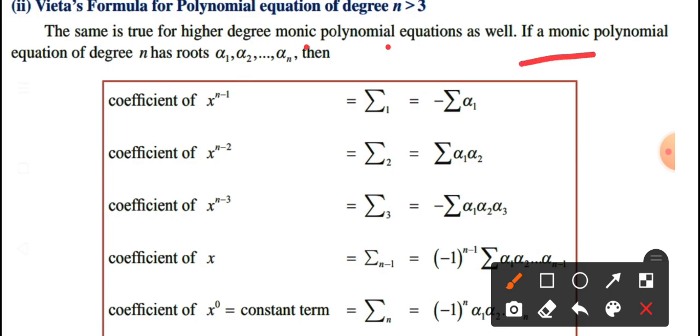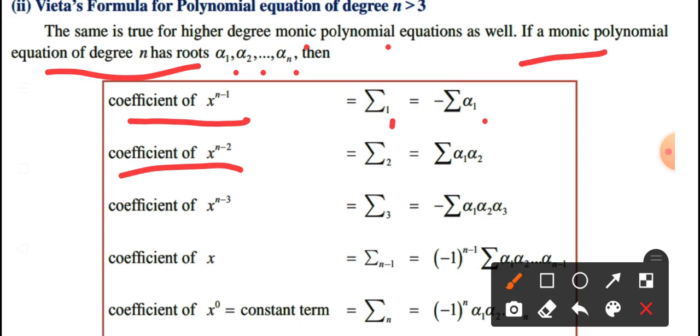Okay, if a monic polynomial equation of degree n has n roots, that is alpha 1, alpha 2, alpha 3, etc., alpha n, then coefficient of x power n minus 1 is sigma 1, that is minus sigma alpha 1. Coefficient of x power n minus 2, we write sigma 2, equal to sigma alpha 1 into alpha 2, that is sum of the product of two roots. This is sum of the single root only.